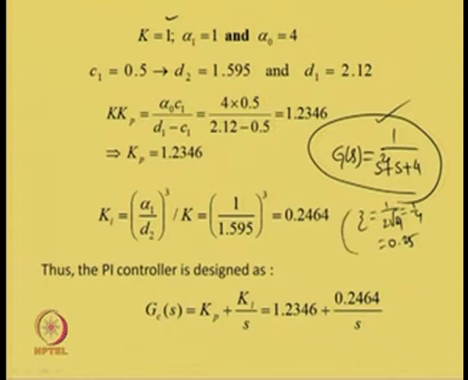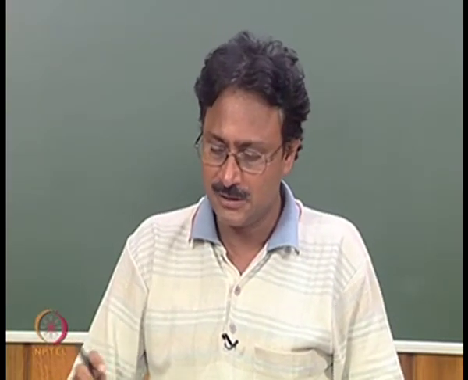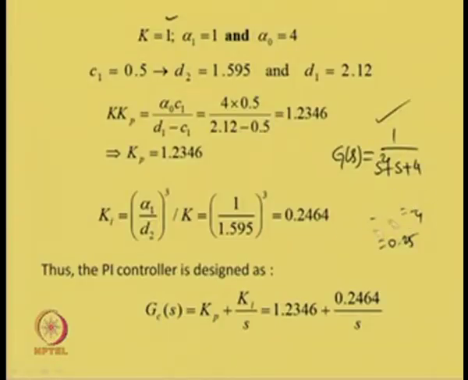So, obviously, the damping ratio is 0.25 and we have got an underdamped process, for designing a PI controller for the second order underdamped system.